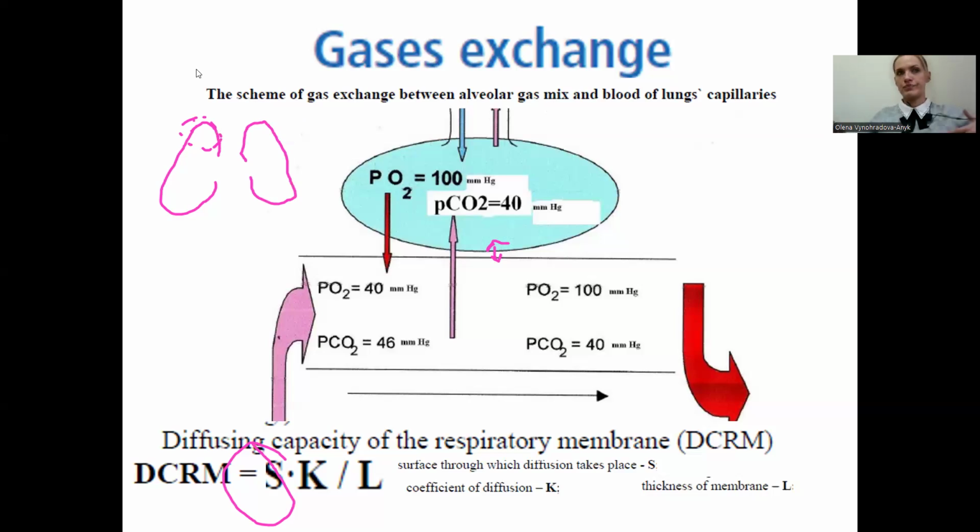And when we have active respiration, at this time the thickness of the membrane decreases. It becomes thinner. And that's why, as a result, we have a change of diffusion capacity.